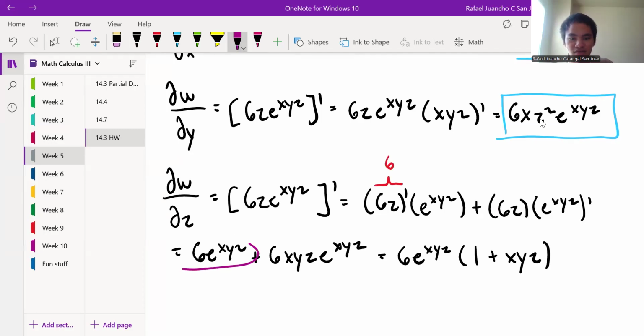Yeah, because here I left these out. I left this and this out. So I'm left with 1 and xyz. Okay, I wrote that in a very bad way. Oh my goodness, I'm writing it as a plus. I don't know why. And there we have it.